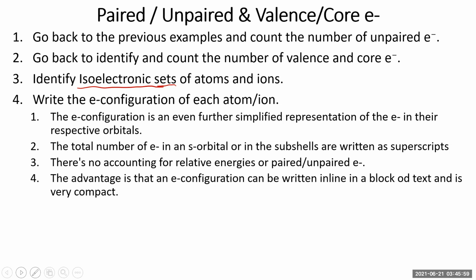So isoelectronic sets. A lot of times you're going to want to identify isoelectronic elements or ions, I should say, with their nearest noble gas so that you can use the noble gas notation to just simplify writing out those ions. Be careful though. Sometimes you have ions that still have d orbital electrons.